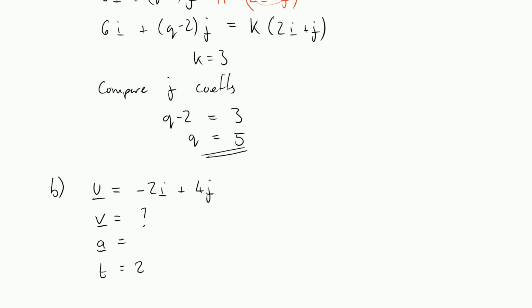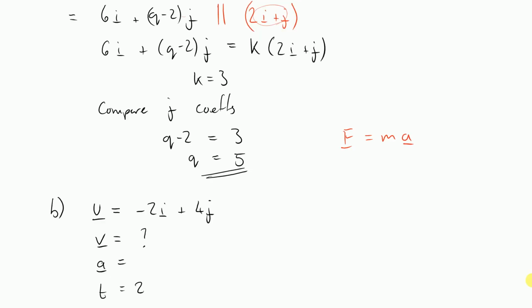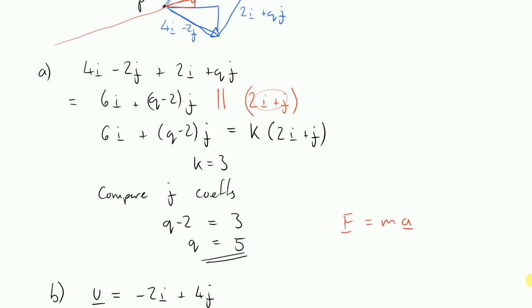Now in order to calculate this a value, we need to know F is equal to m multiplied by a. We knew the force because the resultant force was just what we had found out in the previous part. The resultant force was 6i, and then q worked out to be 5, so 5 minus 2 is plus 3j.